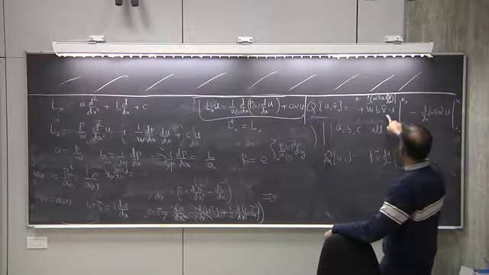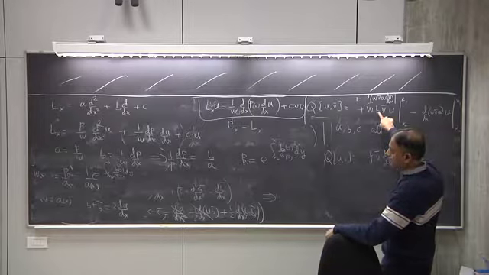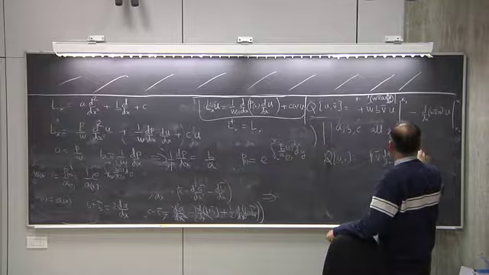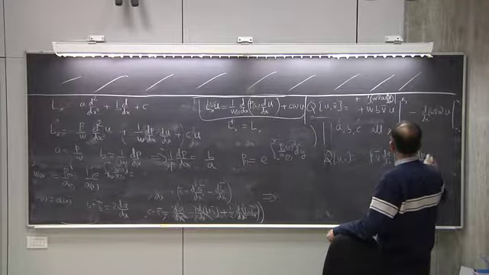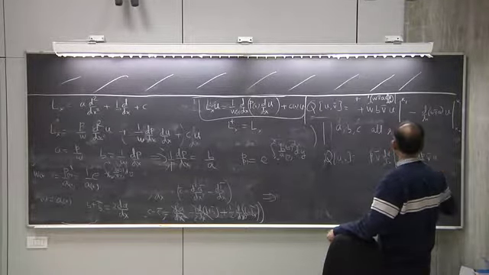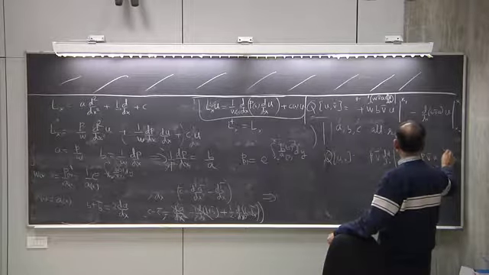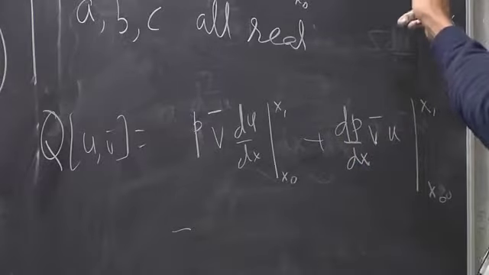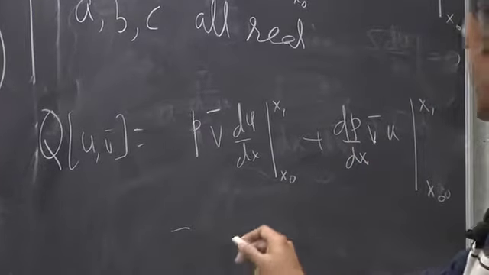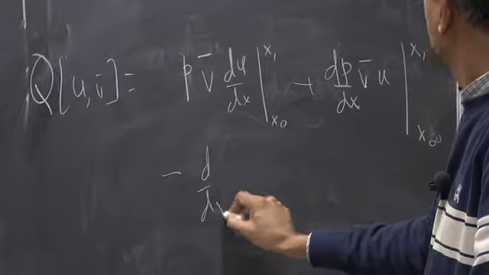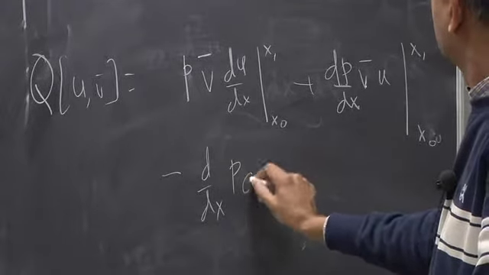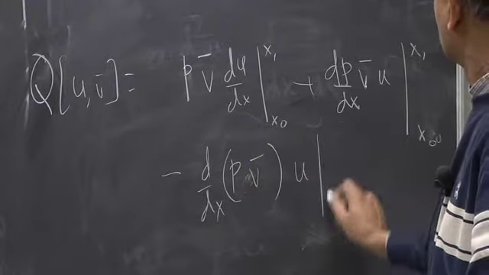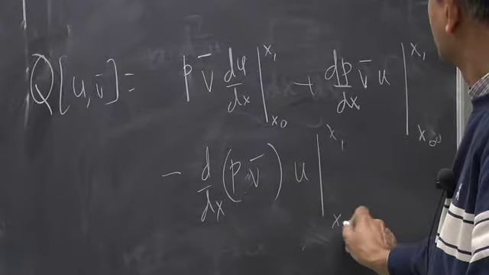And then what about W times B? W times B is dp by dx. So plus dp by dx v bar u at x1 and x0. And then you have minus, again, WA, which is P. So d by dx, PV bar, U, acting on x0.